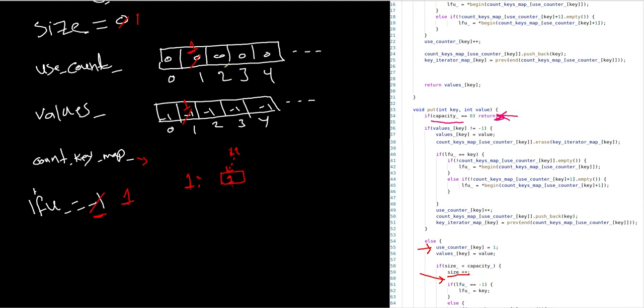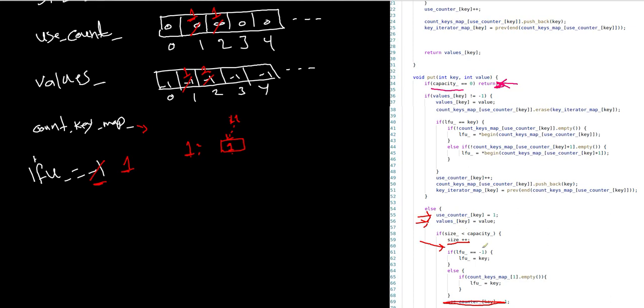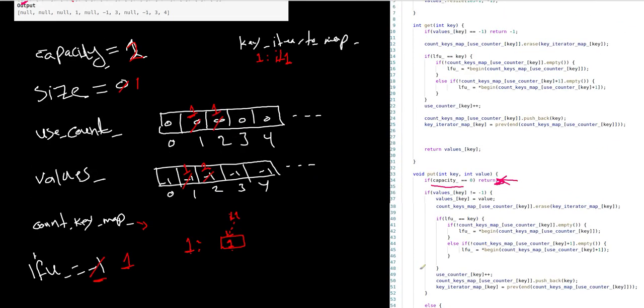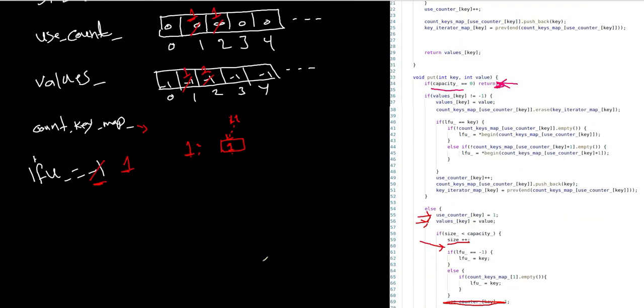Use counter for 2 is 1, and the value of the key is equal to the value, so 2 is 2. Then is the size less than the capacity? Here we have the size 1, so yes, it's less than the capacity. Then we need to update it to 2, because here we have size++.